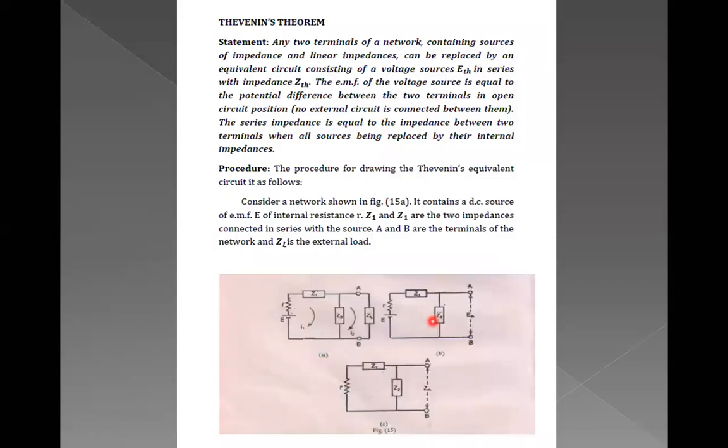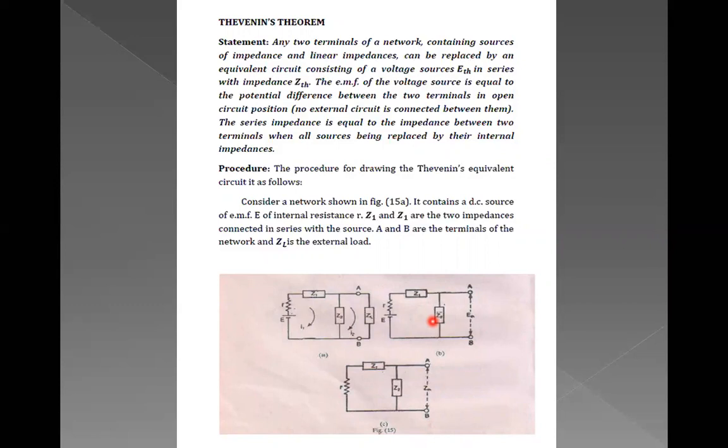Let's see the statement once again. Any two terminals of a network containing sources and linear impedances can be replaced by an equivalent circuit consisting of a voltage source ETH in series with an impedance ZTH. The EMF of the voltage source is equal to the potential difference between the two terminals in open circuit position.